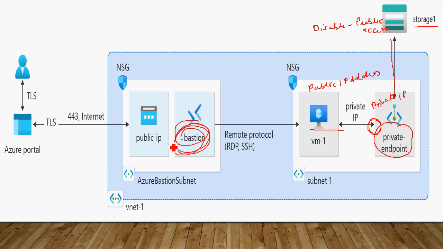The Bastion will get a public IP in the backend, we connect to the portal through this public Bastion, and then we connect to the VM, and later we can connect to the storage account via the private endpoint. So this is the whole demo that we are going to perform here.